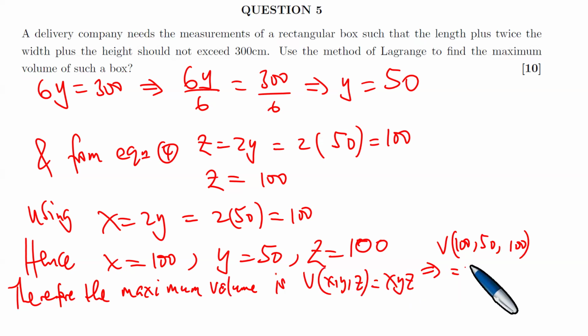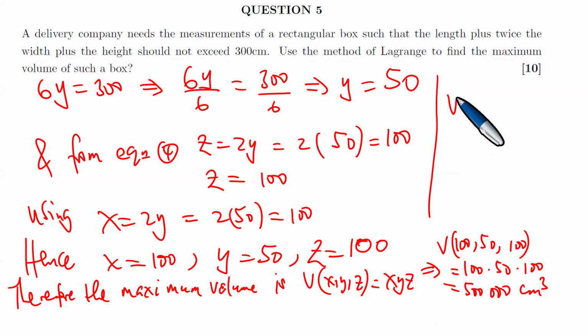So you multiply everything here: 100 for x, y is 50, which is in the middle, and z is 100. So what we have here is 500,000 cubic centimeters.